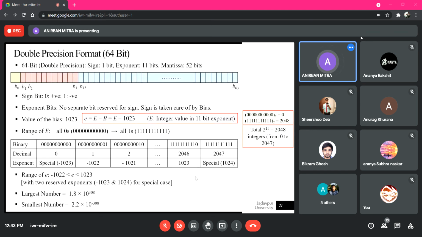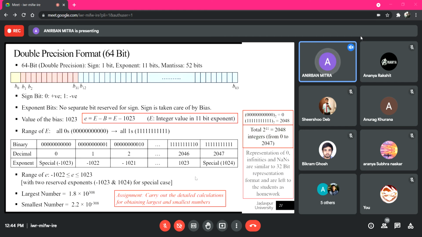I think you can calculate this out by yourself, and you can also find out the largest number and the smallest number that can be represented through this double precision format. By the way, you can consider this as a sort of assignment for you, that you carry out these detailed calculations for getting these largest and smallest numbers.